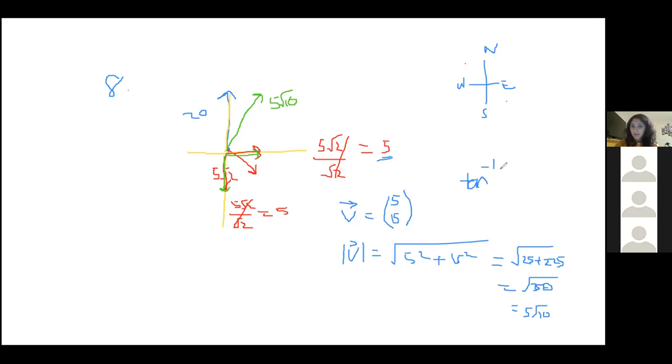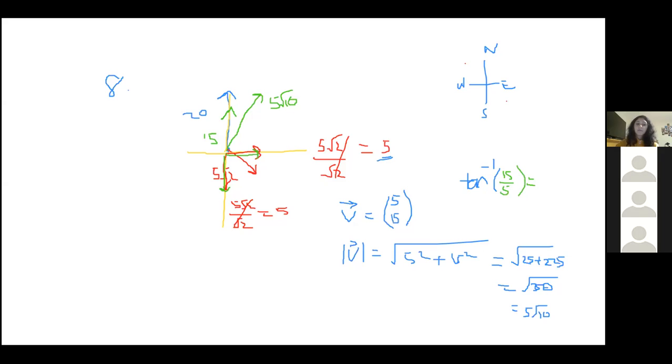So inverse tan, because we have the y. Rather than having it all the way up to 20, as a result of this wind we're only at 15. Then y over x, so inverse tan of 15 over 5, which is just inverse tan of 3.